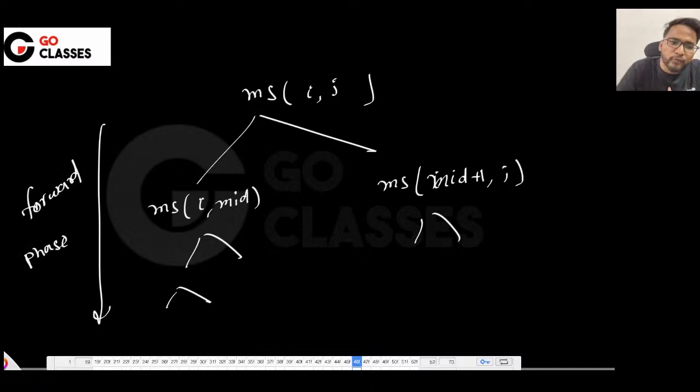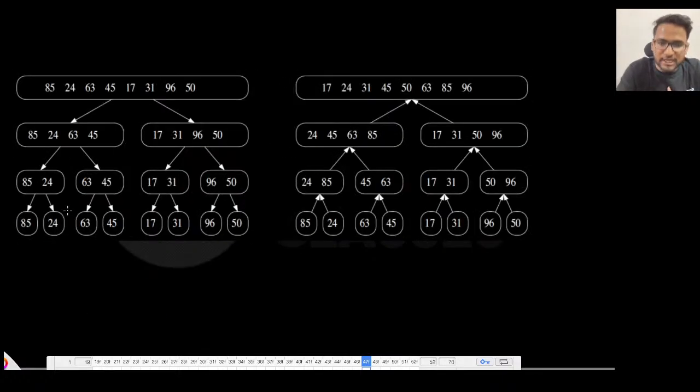And when you start returning, this is the backward phase. This is not standard terminology, but just for the sake of understanding, I am saying this is a backward phase. So this is what is happening here: you are dividing, and then you start combining, and that's how you sort it. I hope everyone can recall this now, right?